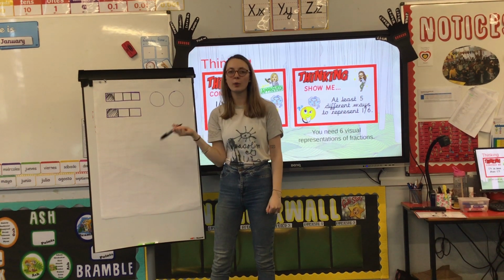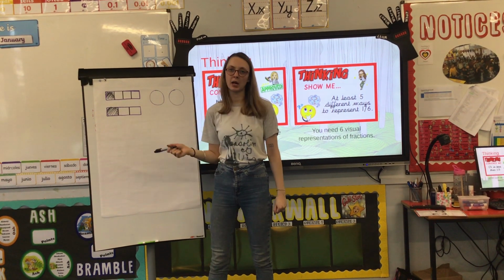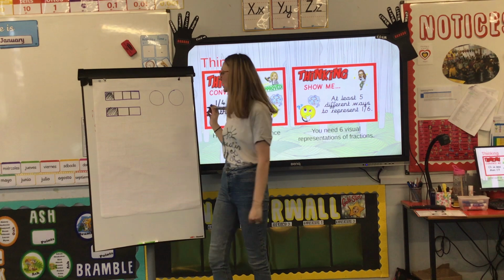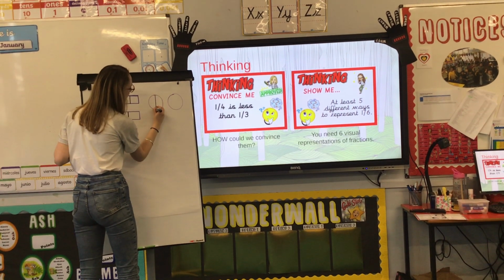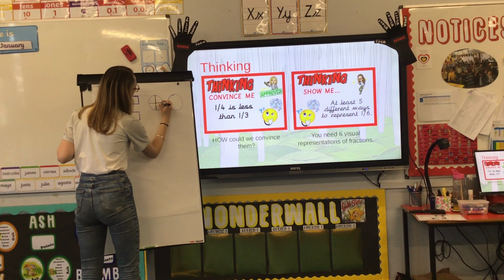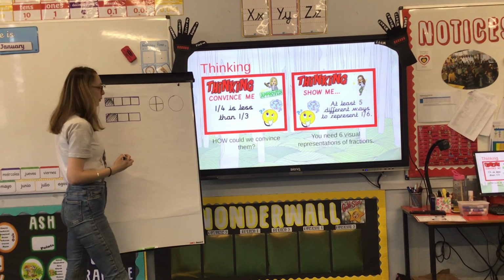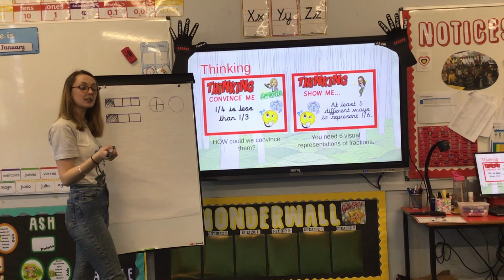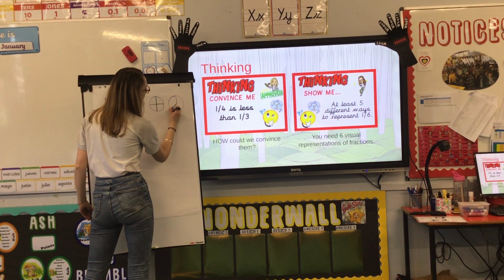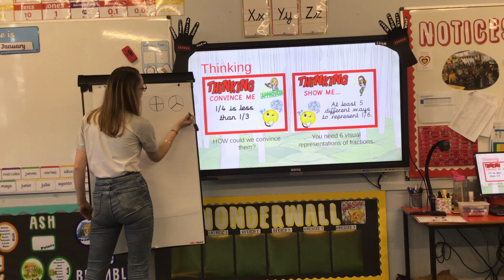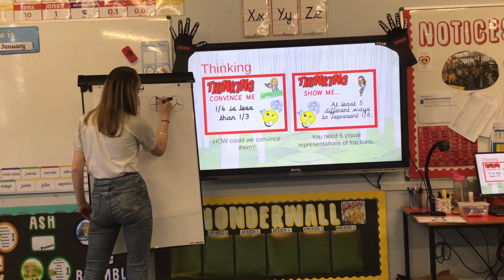If you can't quite see that in the chocolate bars, let's have a look at some pizza instead. If it was 1/4, it would be split into 4 equal parts, but if it was 1/3, it would be split into 3 equal parts. So I'm just going to colour in just one of those.